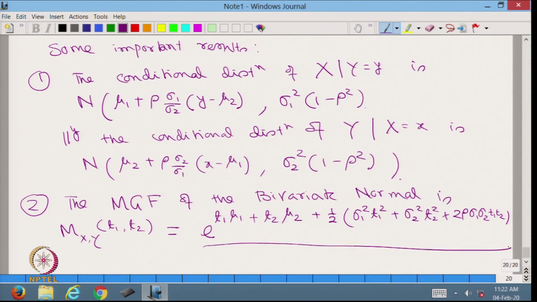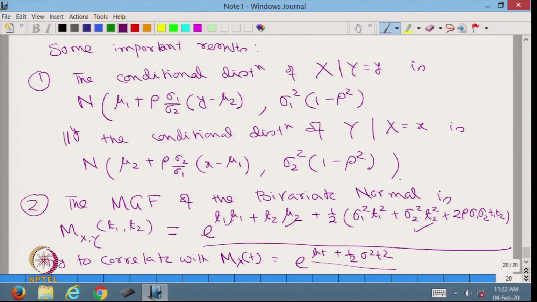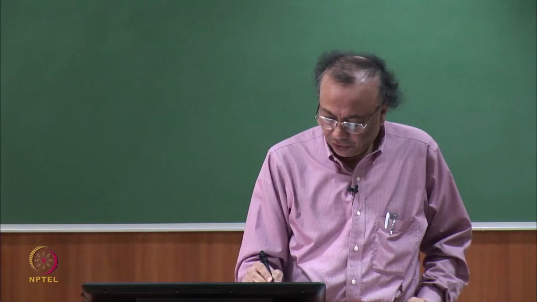It is apparently slightly complicated, but try to correlate with moment generating function of x is equal to e to the power mu t plus half sigma square t square, then you can see that most of the terms are very similar because there are two random variables, therefore, their respective means are coming, and this is coming from the variance covariance matrix.